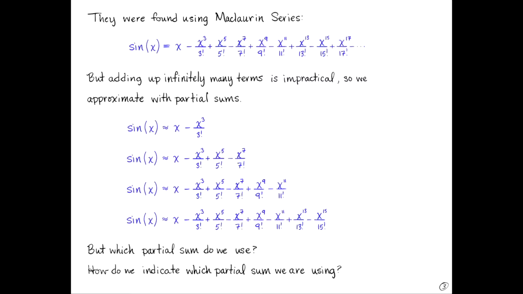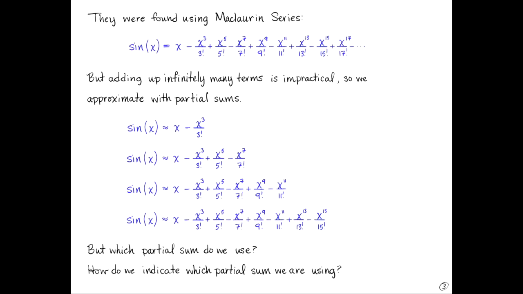On our opening slide, we approximated sine x with x. Or, for an even better approximation, we could approximate sine x with x minus x cubed over 3 factorial. But why stop there? Maybe we should keep going and add x to the 5th over 5 factorial minus x to the 7th over 7 factorial. Or maybe we should go even further.